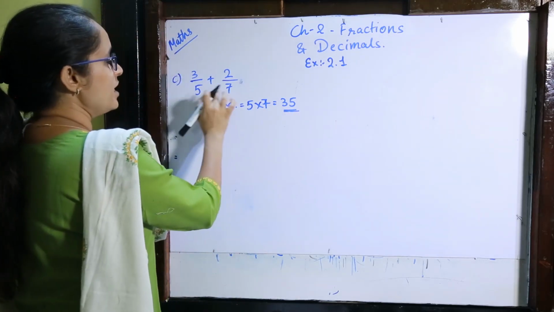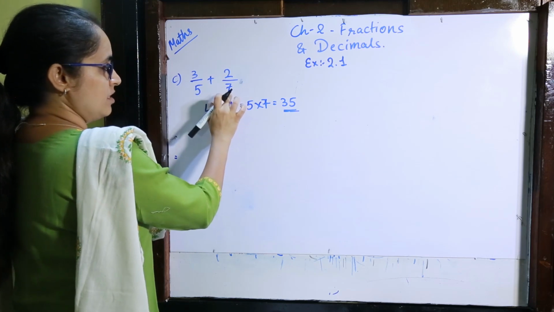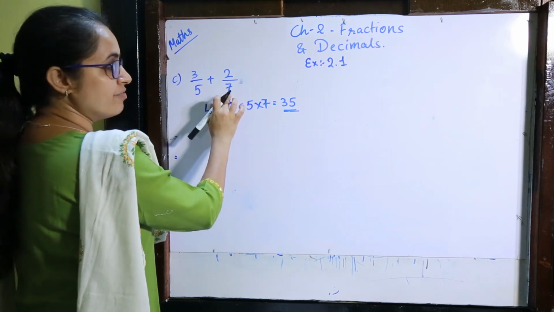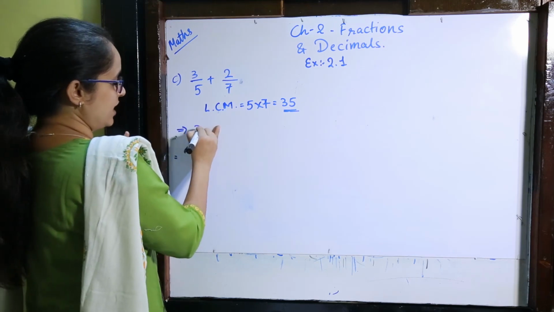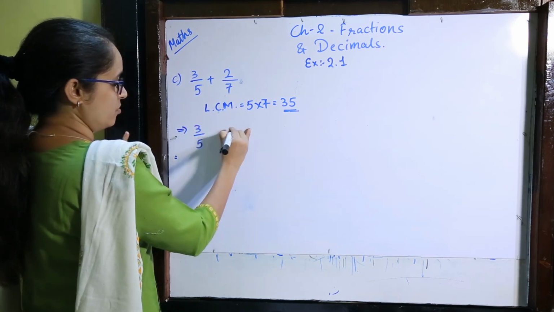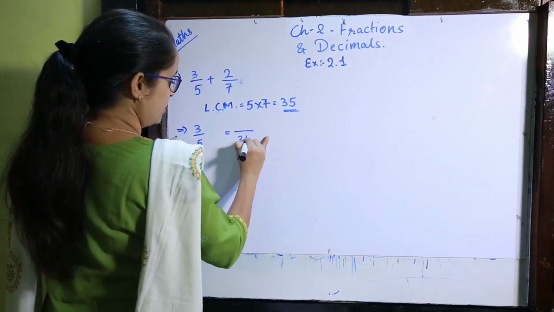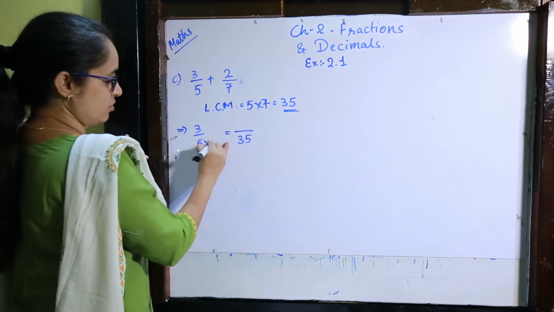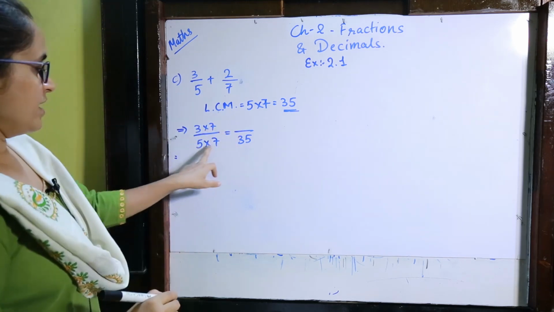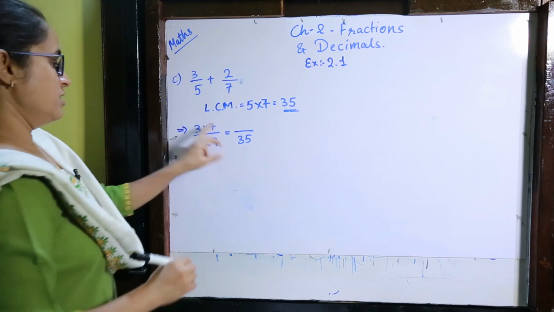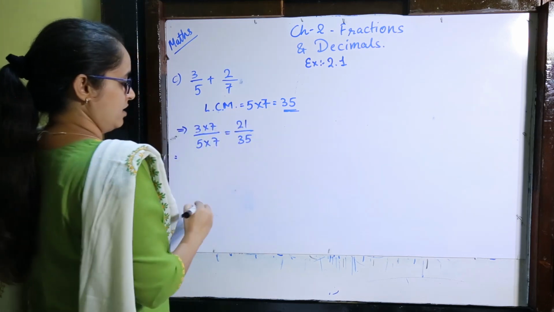Now you have to make these two numbers such that the denominator has 35. To get the 35 in the denominator, you have to multiply with the 7, correct, because 5 7s are 35, then 3 7s are 21.